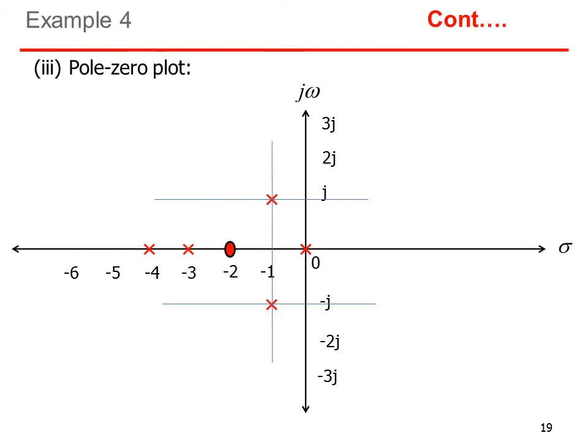Now the next poles are minus 1 plus j and minus 1 minus j. See the blue lines shown, how minus 1 plus j is represented above the x-axis and how minus 1 minus j is represented below the x-axis.